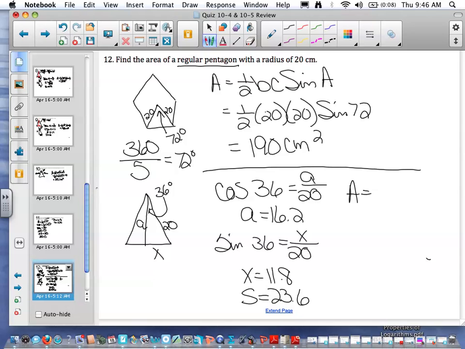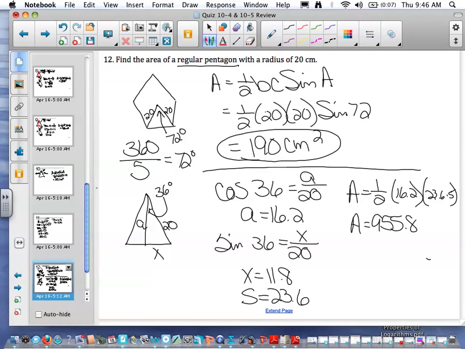So the area is equal to 1/2 the apothem, which is 16.2, times the perimeter, 23.6 times 5. So I have 1/2 of 16.2 times 23.6 times 5, the area is equal to 955.8, which reminds me, my first answer, I have 190.